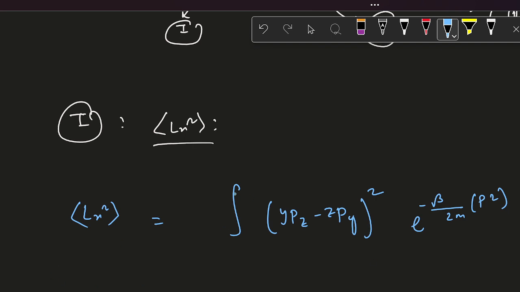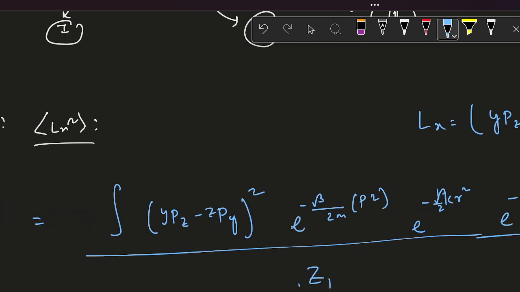The whole integral is divided by the partition function z1, and it is over all the elements of d^3p and d^3r.